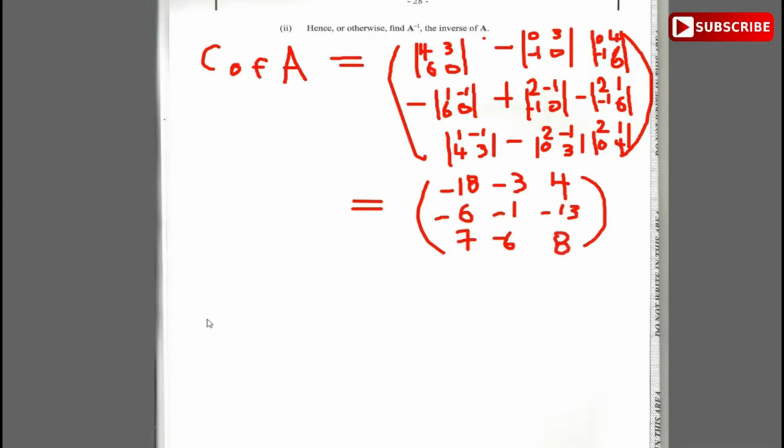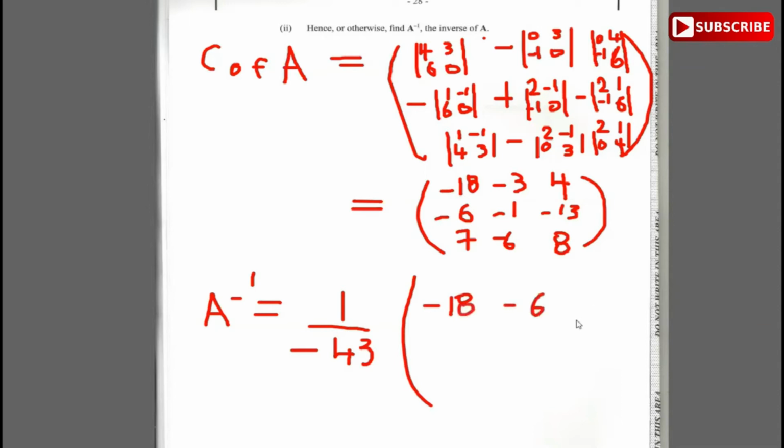If this is a cofactor of A, then A inverse is going to be equal to 1 over the determinant, which is 1 over -43 times the adjoint. And the adjoint is a cofactor transpose, so that's -18, -6, positive 7, -3, -1, -6.